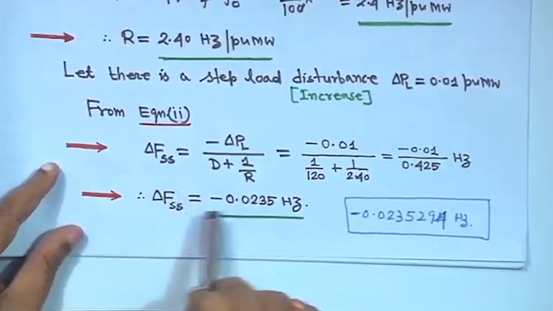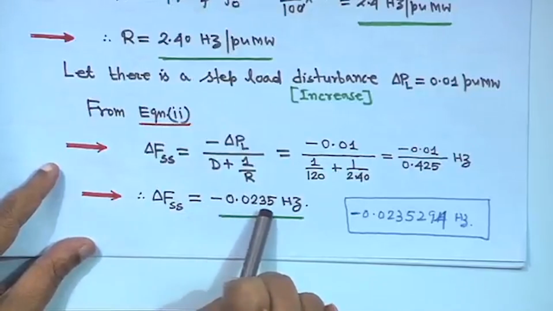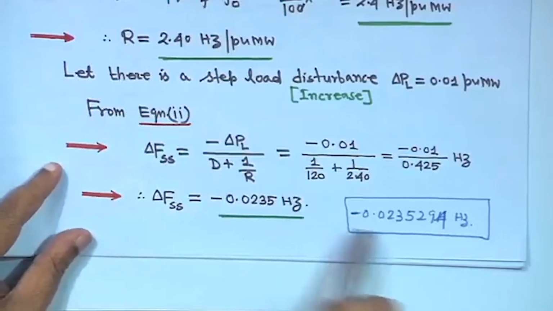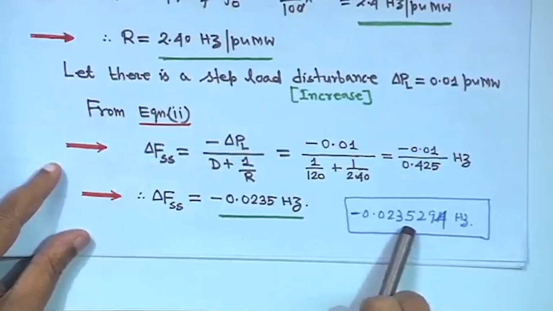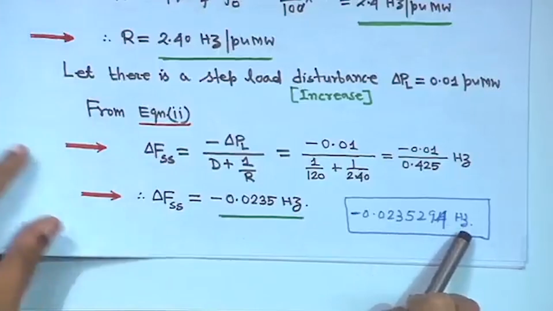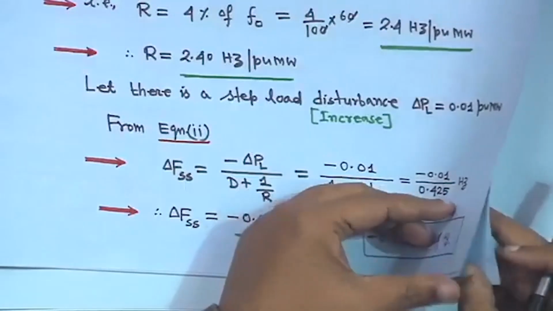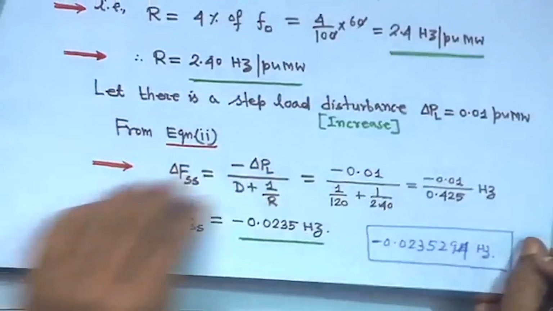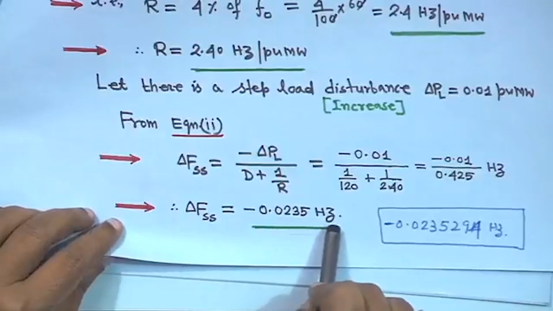Up to 4 decimal places, delta FSS will become minus 0.0235 hertz, and if we take it further, minus 0.0235294 hertz. I will show you why I have taken so many decimal places. So, the steady state value will come as minus 0.0235 hertz.